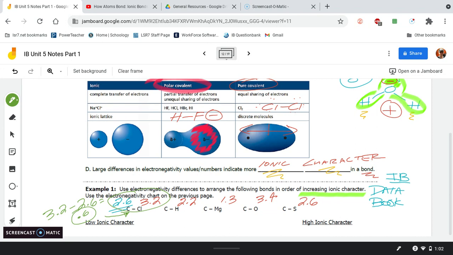I don't know if you need to write them all out, but you might forget. So 2.6 minus 2.2, this one has a difference of 0.4. I'm going to put those in a different color, so we'll do blue. This is a 0.6, and that one's a 0.4.